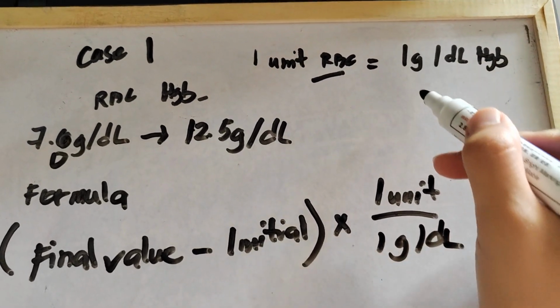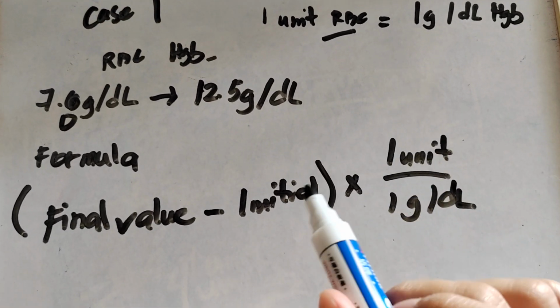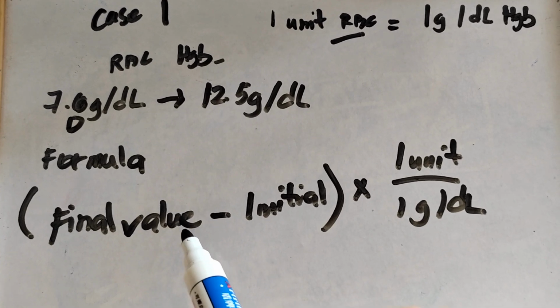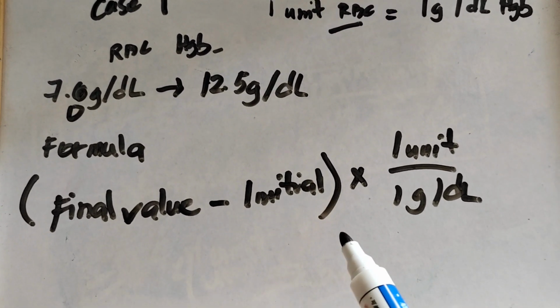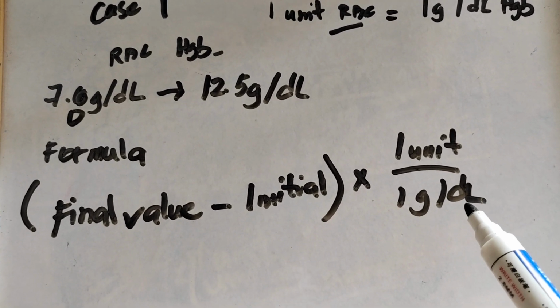This is our constant: 1 unit is to 1 gram per dL. Since hemoglobin is our given, it is the final hemoglobin value minus the initial hemoglobin value times 1 unit over 1 gram per dL.